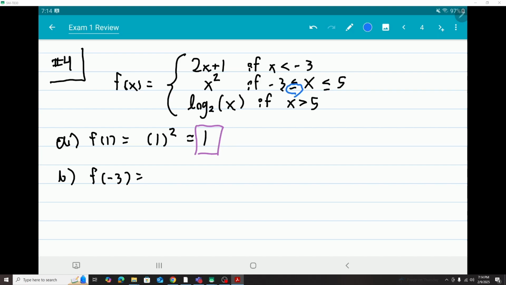So that says I can plug in minus 3 into that one. And so I do that. I get minus 3 squared. So I'm using the middle one because 3 is inclusive. And now I want to make sure I'm squaring that minus sign too to get a positive 9.